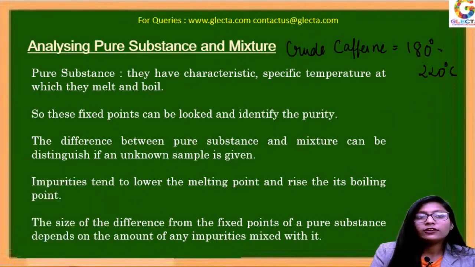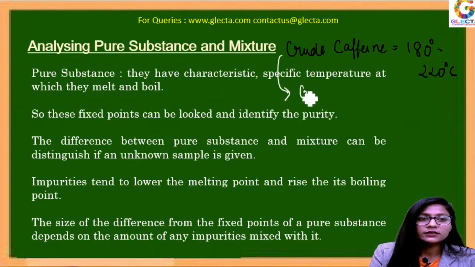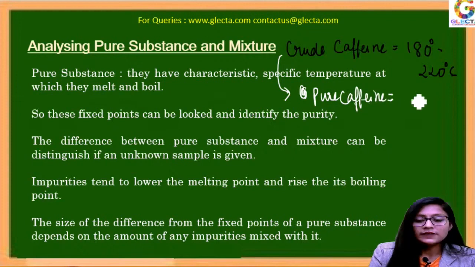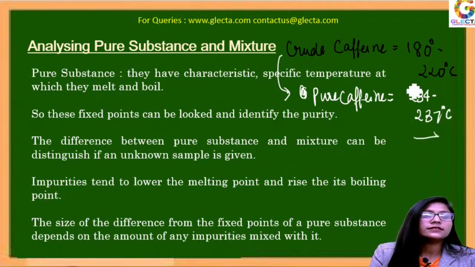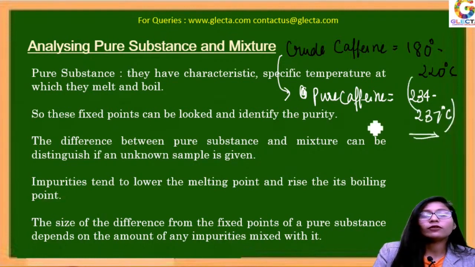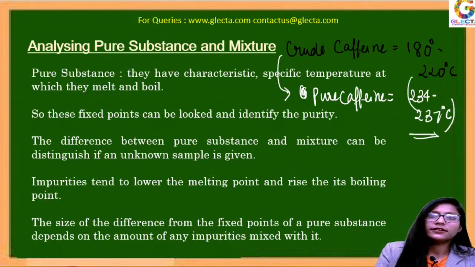But when we refine the crude caffeine, the melting point increases. The pure caffeine melts at 234 to 237 degrees Celsius. It is the range of its melting point when it is pure in nature.